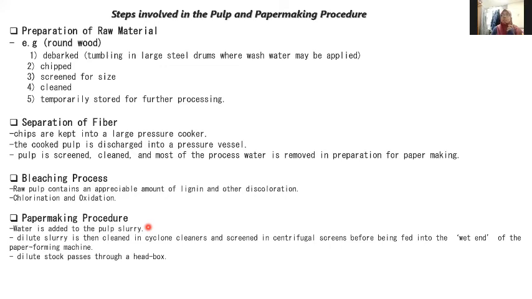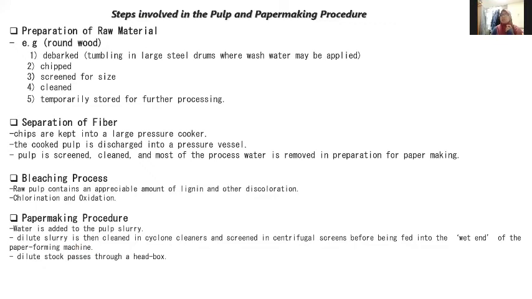Water is added to the pulp slurry to make a thin mixture normally containing less than 1% fiber. The dilute slurry is then cleaned in cyclone cleaners and screened in centrifugal screens before being fed into the wet end of the paper forming machine.